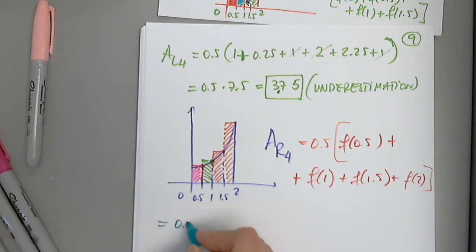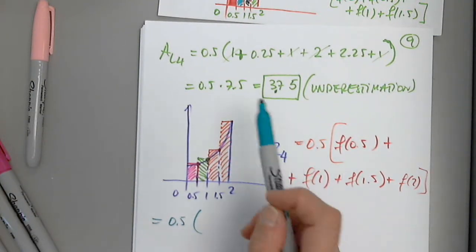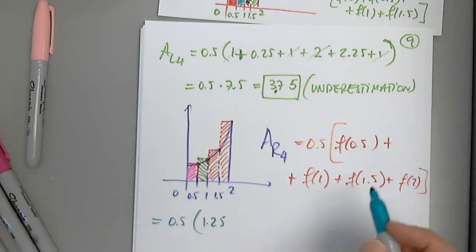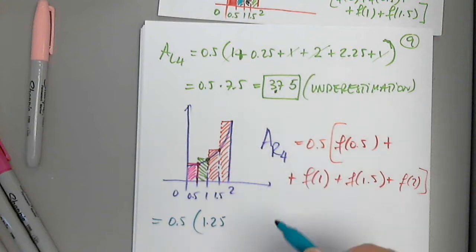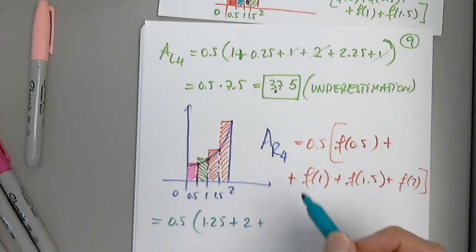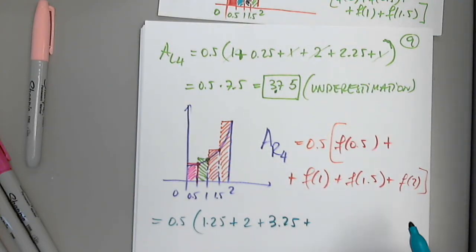Very good. So now this is 0.5. F of 0.5 I just determined here is 1.25, sorry. F of 1 is 2, I'm sorry. Plus f of 1.5, I already determined it here, 3.25. And f of 2, that is 5.